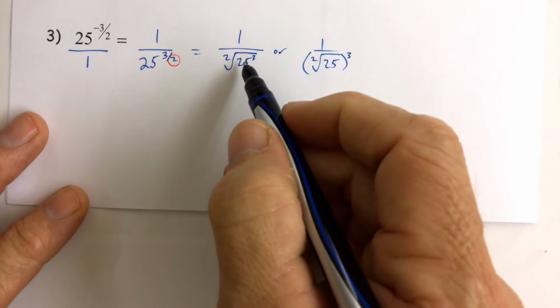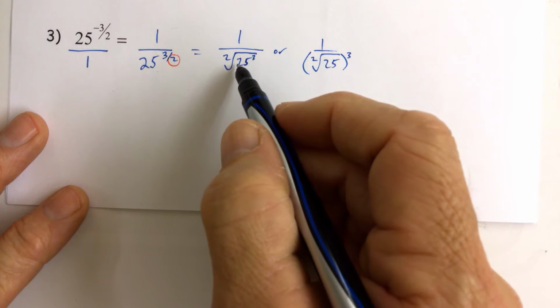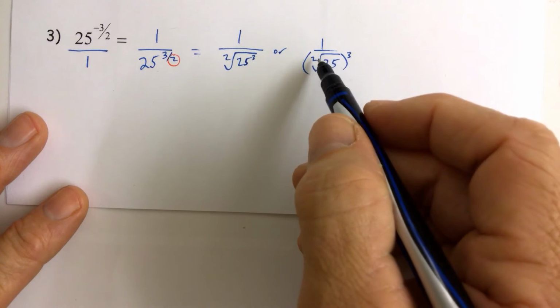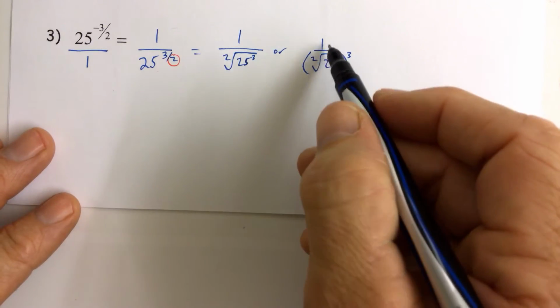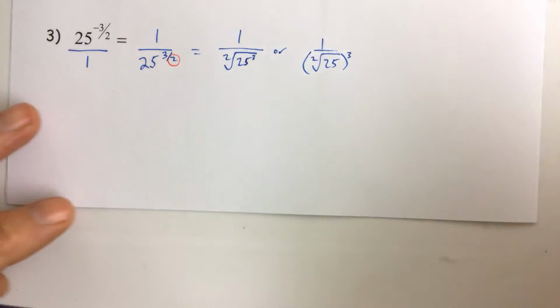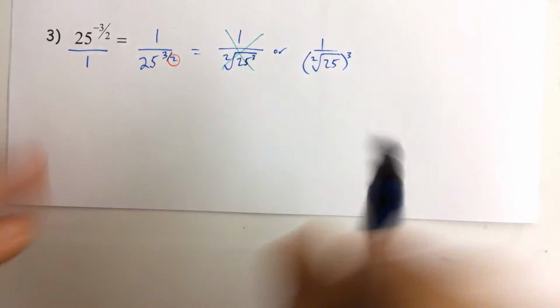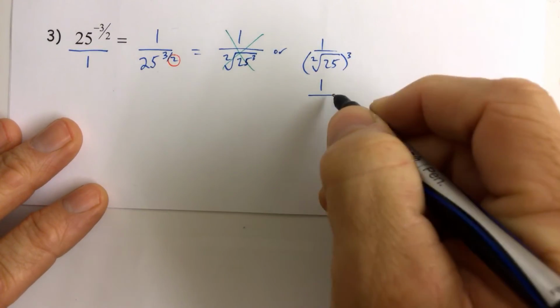So just like in the last example, we don't want to cube a big number, so we want to keep the numbers small. We're going to simplify this first by taking the square root of 25. Well, we know what that is. The square root of 25 is 5.